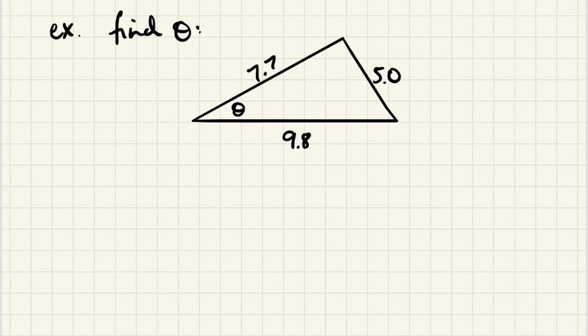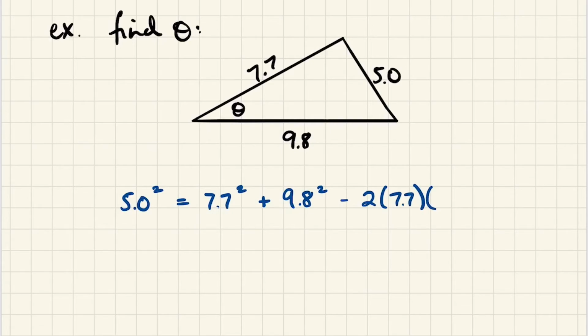Okay, so we will use the law of cosines here with the side of 5 isolated, which involves the cosine of theta. So in other words, we could say 5 squared is equal to one of the other sides squared plus the other side squared minus 2 times the 7.7 times the 9.8 cosine of theta.